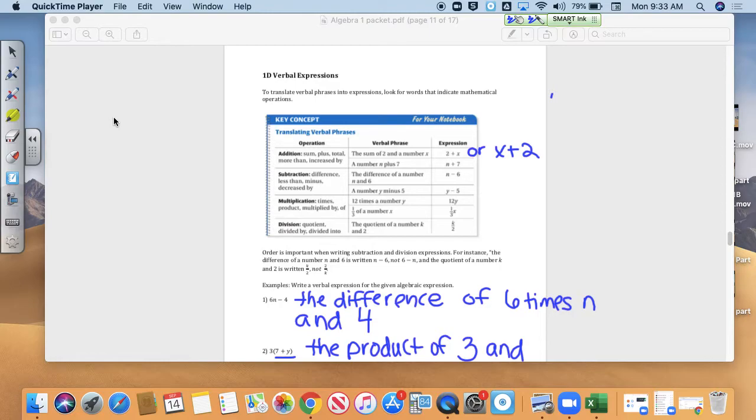So that means it's not just one number, it's the quantity of the sum of 7 and y. So I'll say the product of 3 and the sum of 7 and y.